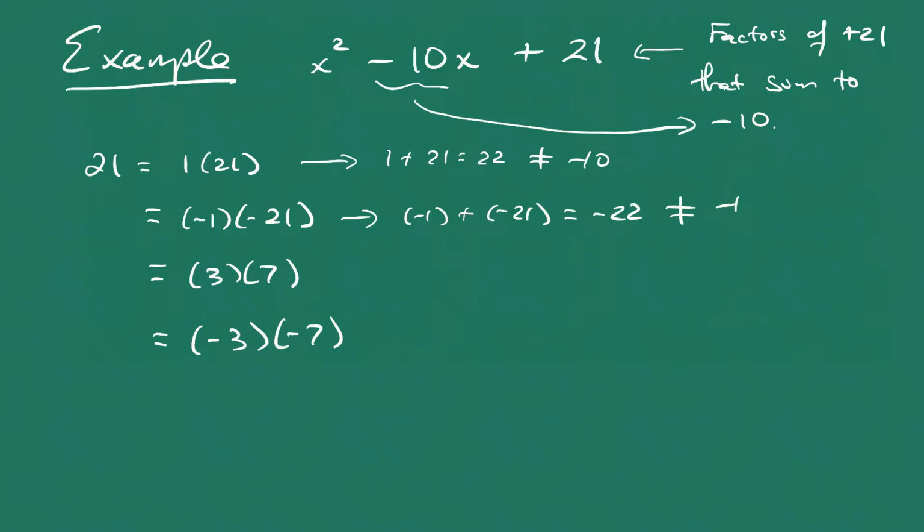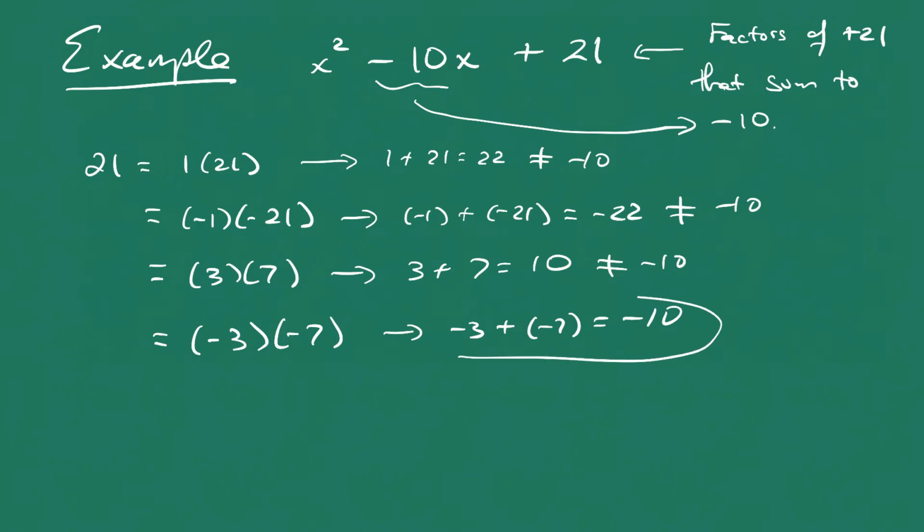Well, nope, that's not negative 10. If we look at 3 plus 7, that gives us 10, so we're getting close, but that is not negative 10. And finally, if we look at negative 3 plus a negative 7, now we land on negative 10. And so our combination that works is negative 3 and negative 7.